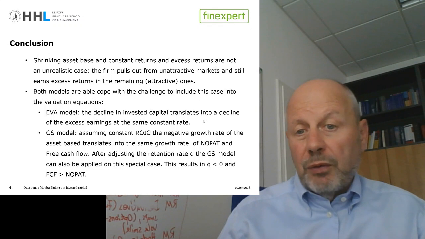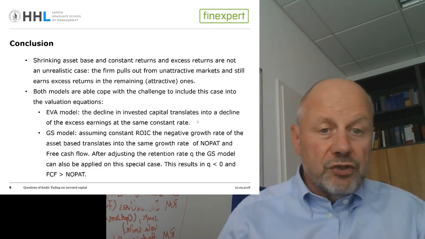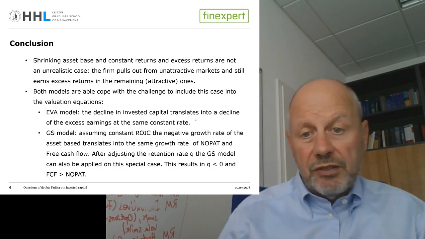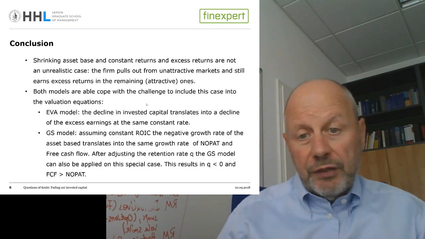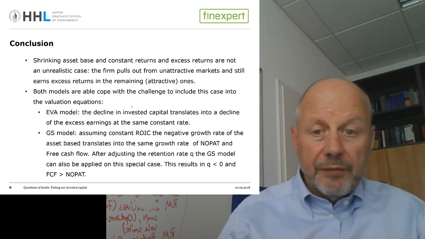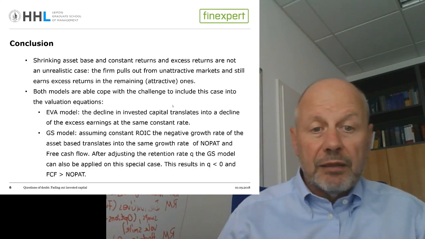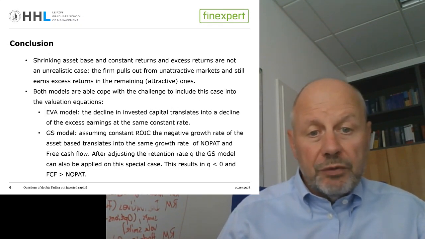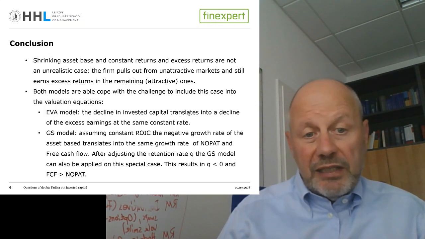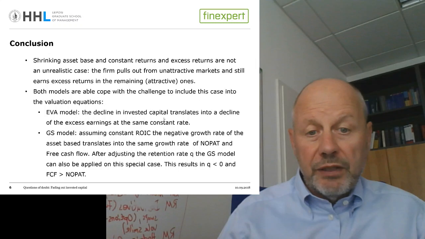We have seen that both models are able to cope with the challenge to include this case into our valuation equations for the terminal value model. The EVA model easily allows the decline in invested capital to be put into this equation, and that translates into a decline of excess earnings at the same constant rate.